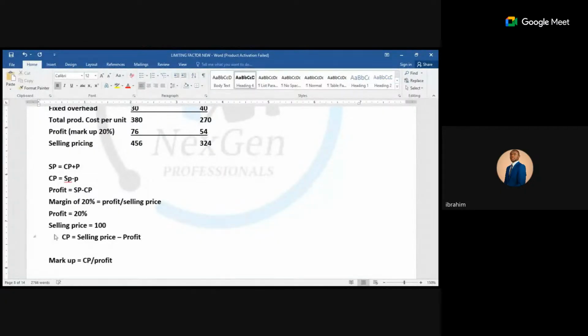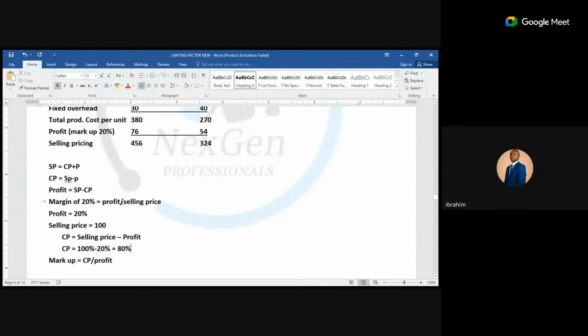So the conversion to markup is 100% minus 20%, which gives you 80%. So you cannot apply margin directly on the cost, because margin is on sales.